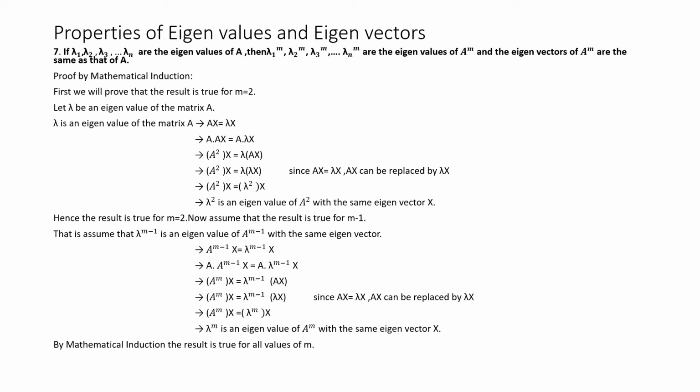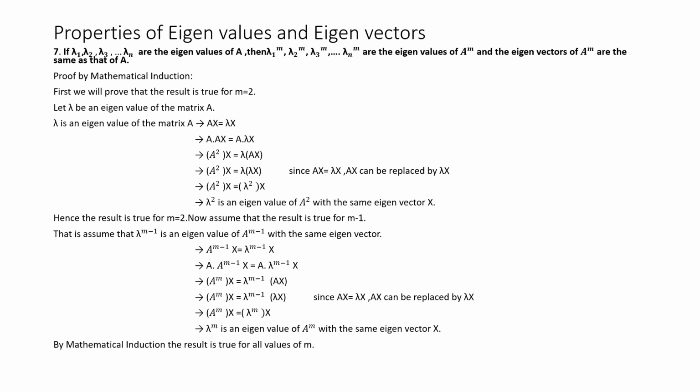Now assume that the result is true for m minus 1. That is, we assume that lambda raised to m minus 1 is an eigenvalue of A raised to m minus 1 with the same eigenvector. That means A raised to m minus 1 into x equals lambda raised to m minus 1 into x. Multiplying both sides by A, we get A raised to m into x equals lambda raised to m minus 1 into Ax.